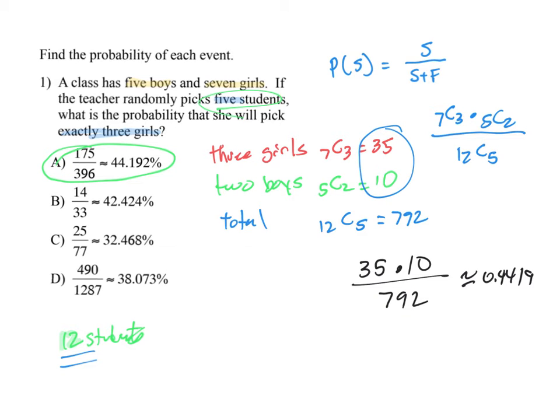When you are counting multiple events, you multiply those together. So choosing the girls is 7C3, multiplied by choosing the boys, which is 5C2. Those are your successful outcomes. Okay, so let's try this again on a new problem now that you've seen it in action.